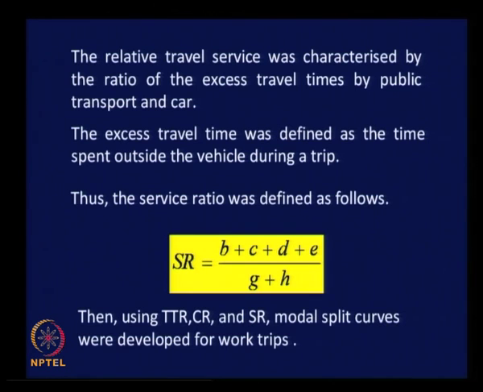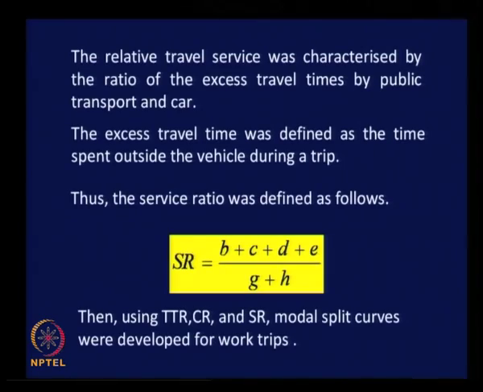On the same lines they developed models for other trip purposes. You may wonder how to consider or develop mode choice curve without consideration to socio-economic characteristics. All these three ratios pertain to transport system characteristics: travel time ratio, travel cost ratio, and service ratio.